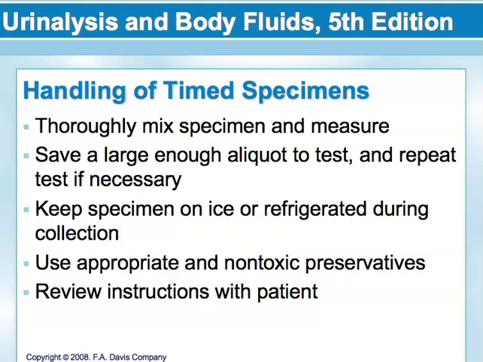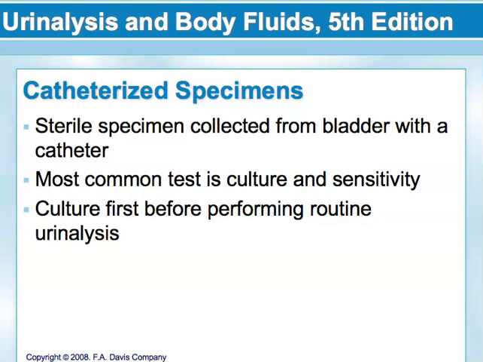If for some reason the patient were to bring in a sample that is not in one of those types of containers, you would have to mix the two specimens together in some other type of holding container to measure that volume. And again, you want to make sure that you mix the specimen well before you measure.